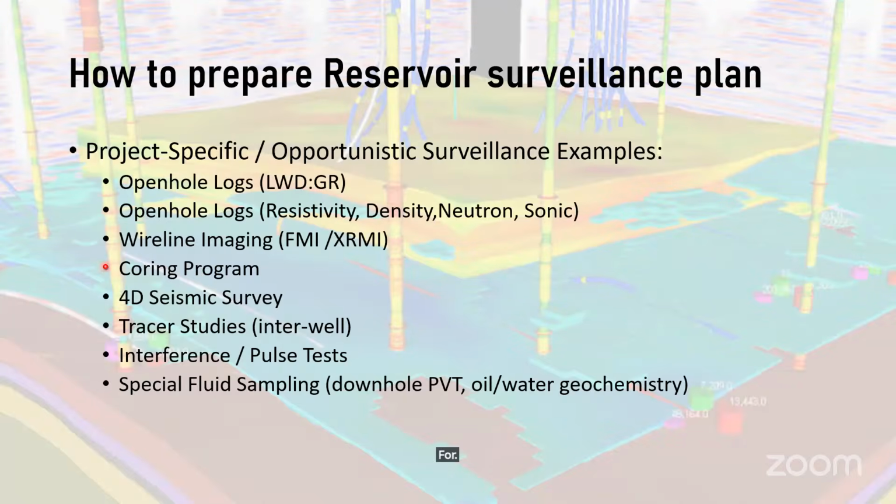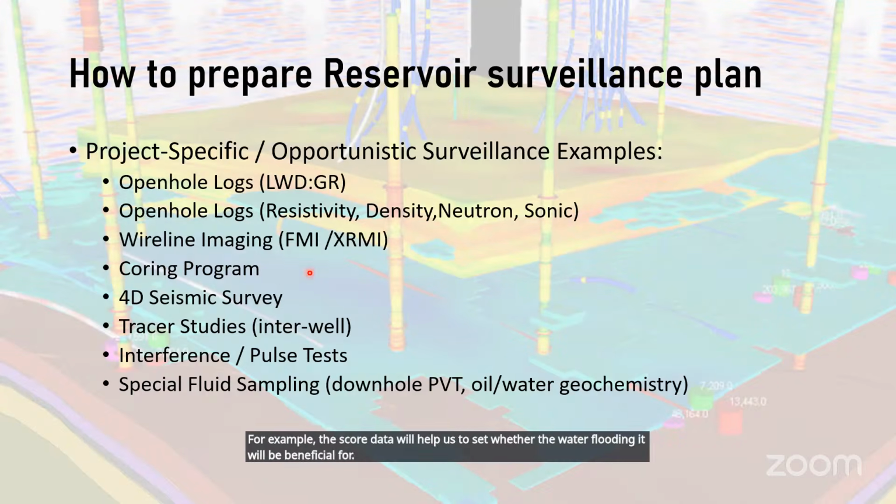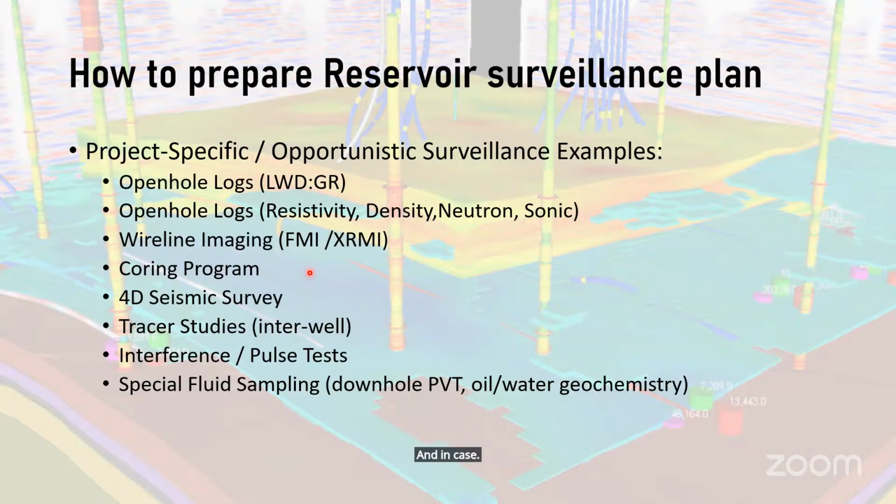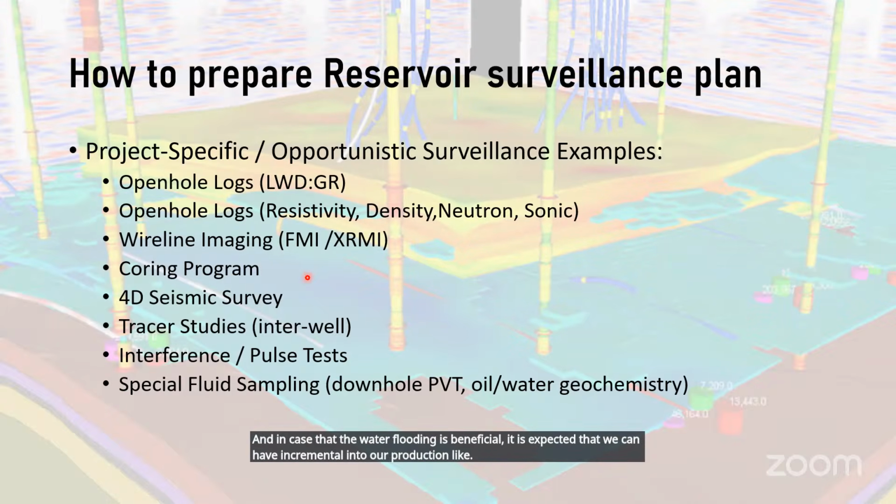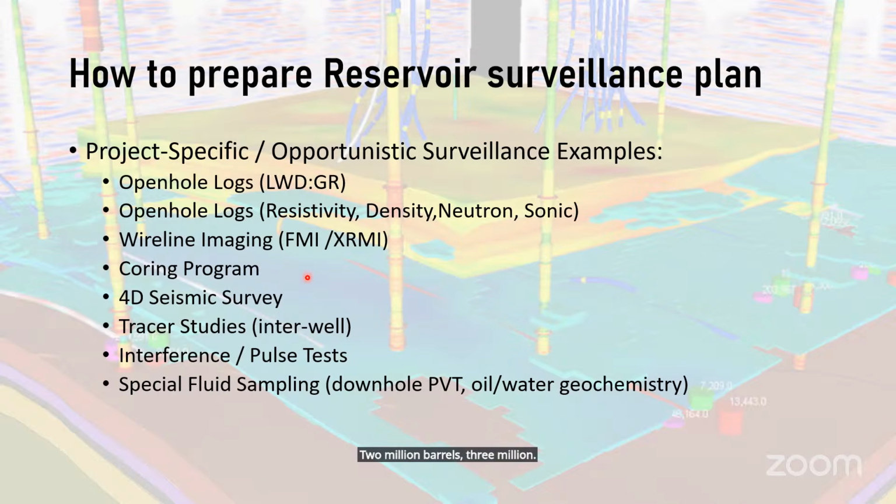For example, the core data will help us to decide whether the water flooding will be beneficial for our case or not. And if the water flooding is beneficial, it is expected that we can have incremental production, like 2 million barrels, 3 million barrels, and so on. Okay, so now you can tell the management how important this core data is for you.